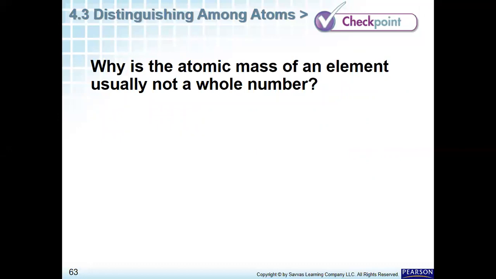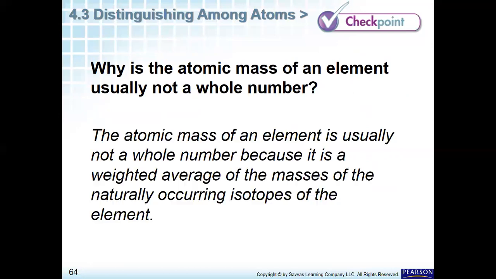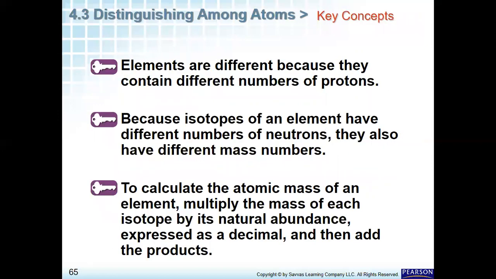Why is the atomic mass of an element usually not a whole number? That's because it depends on two things, the mass and the abundance of its occurrence, and this percent will not be exactly a whole number. So that's what we get, guys.